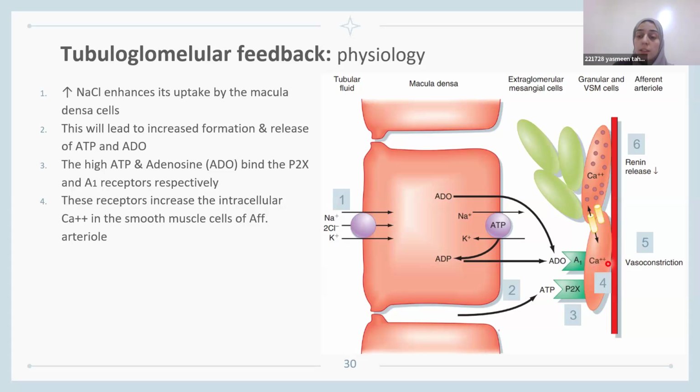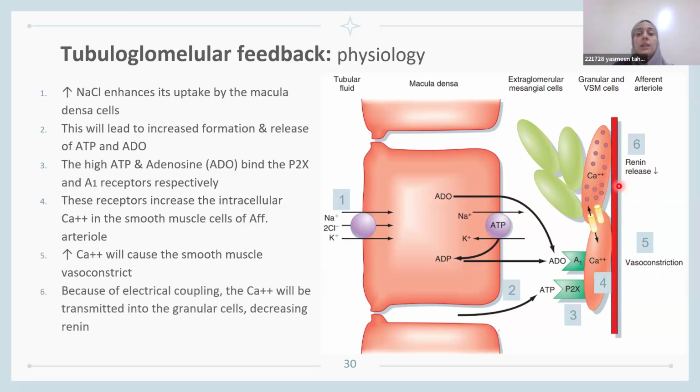The high intracellular calcium is going to cause a vasoconstriction, and it will deliver less blood to the glomeruli. And here we have the granular cells. So there are channels in between the smooth muscle cells and the granular cells. And this increase in calcium will have its way and it's going to leak some extra calcium into the granular cell.